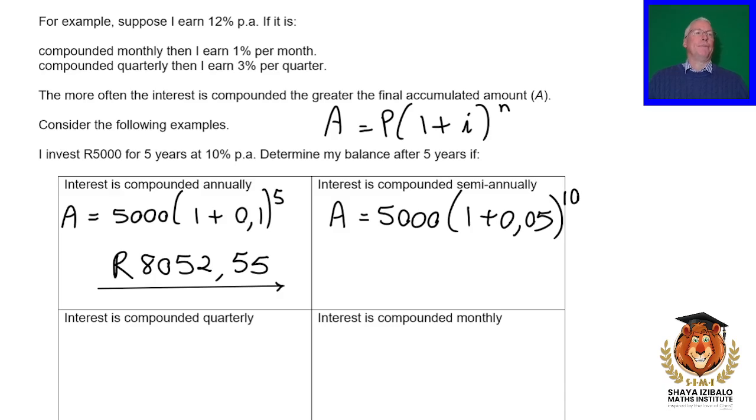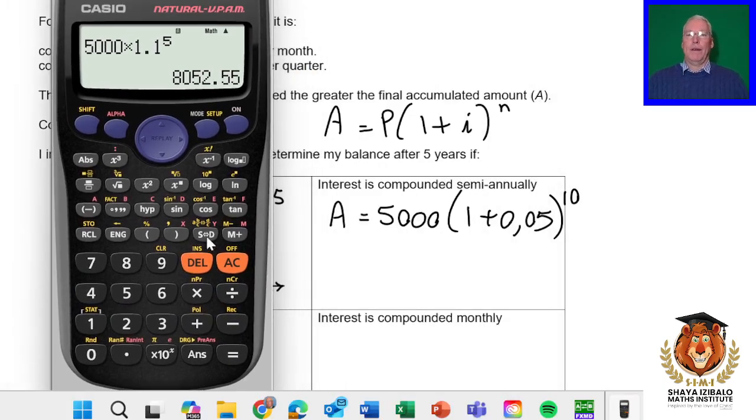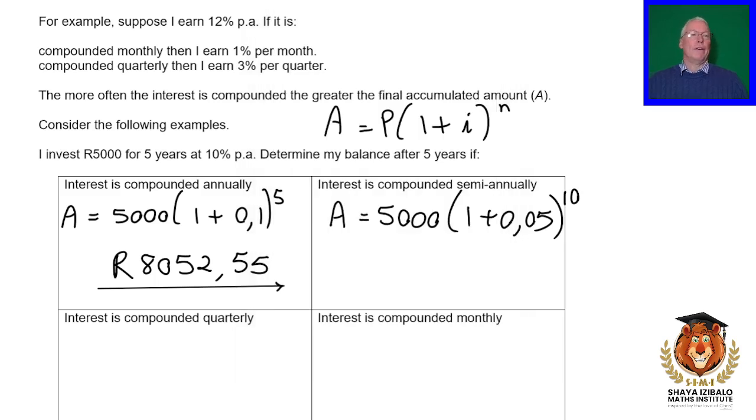Let's work that out. Now we've got 5,000 times 1,05 to the power of 10, and we get 8,144 and 47 cents.